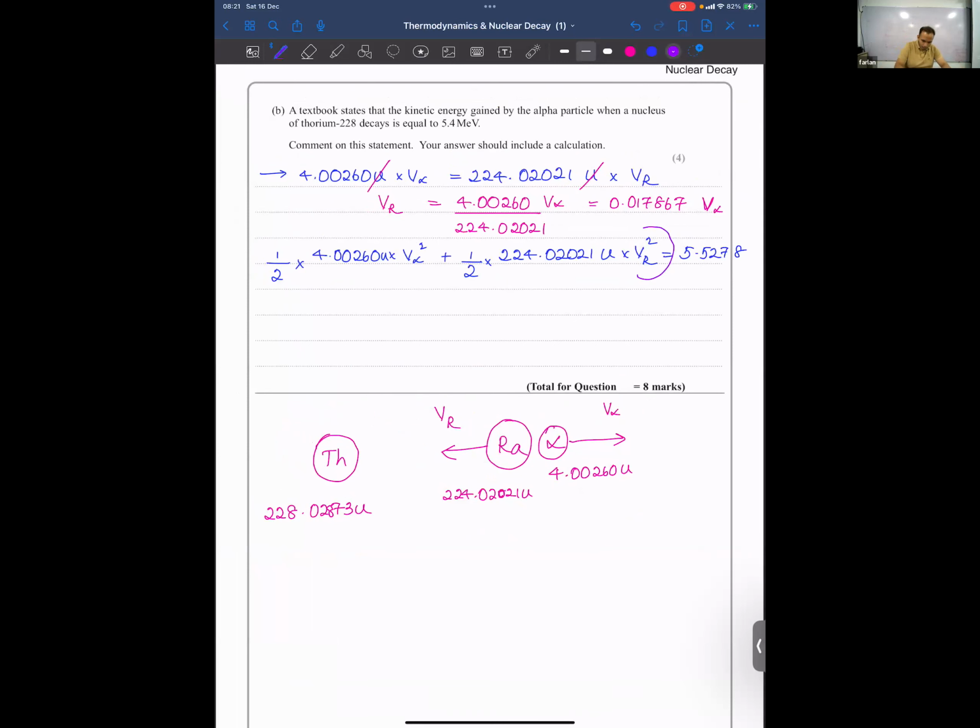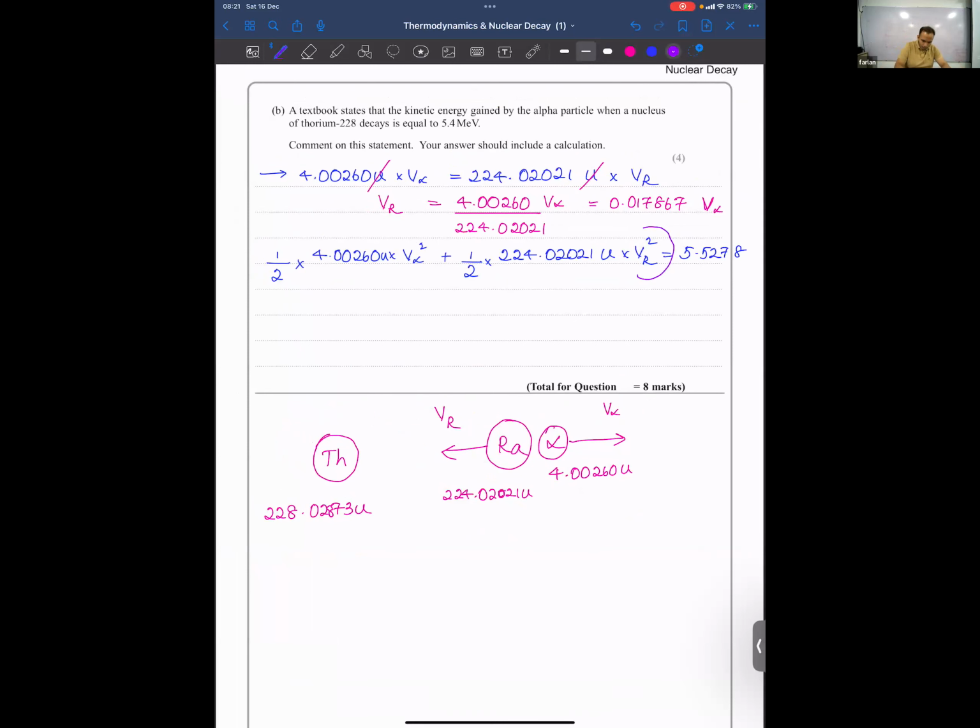Understood? That is one way of doing it. You find v alpha, and then you know the mass of the particle, and you can use half m v squared for the alpha particle. You get the kinetic energy of the alpha particle.